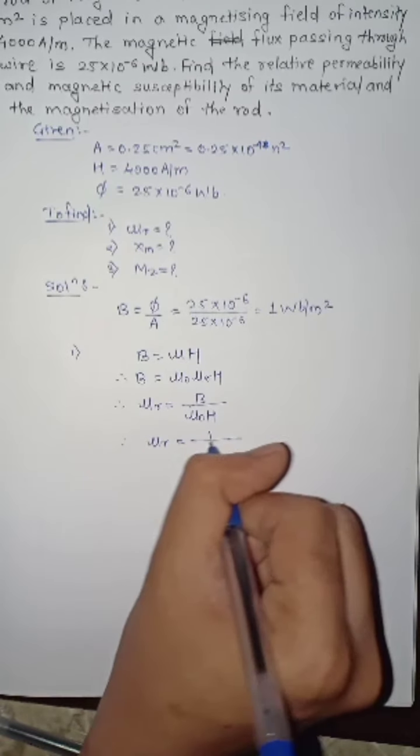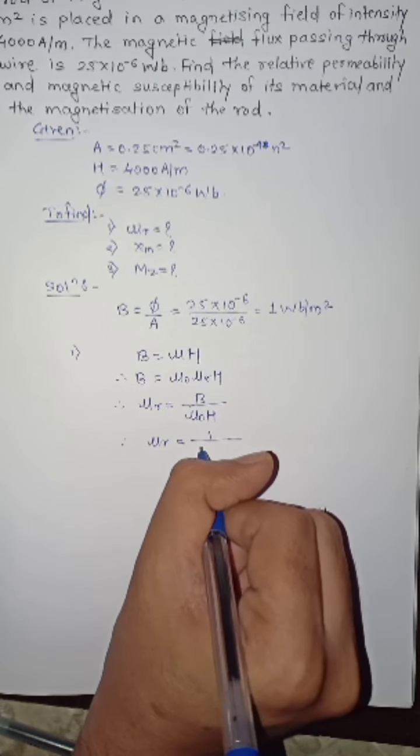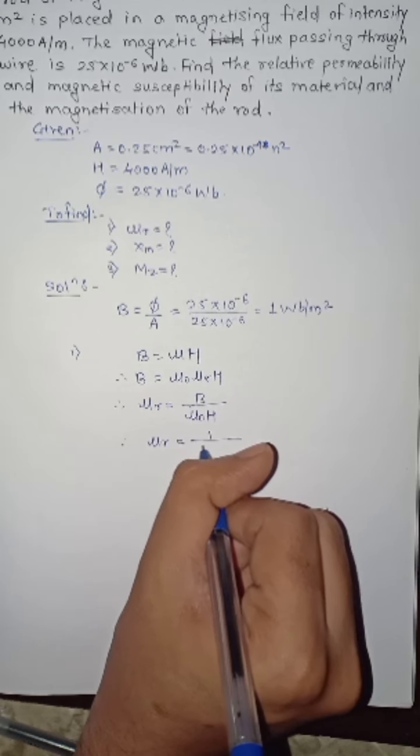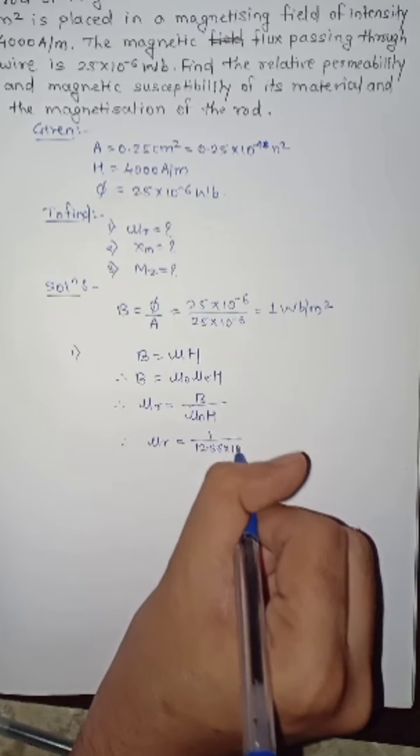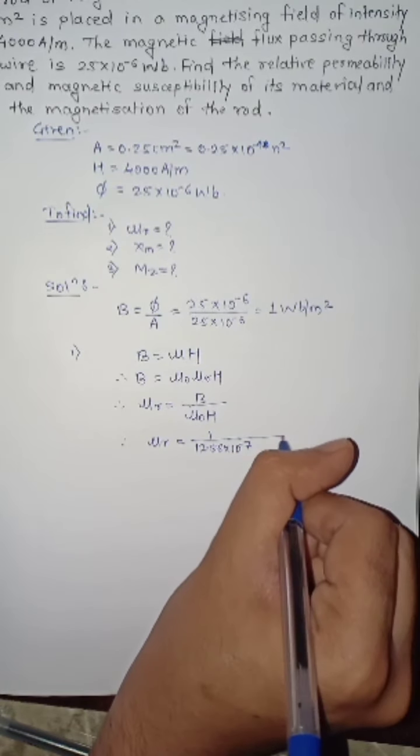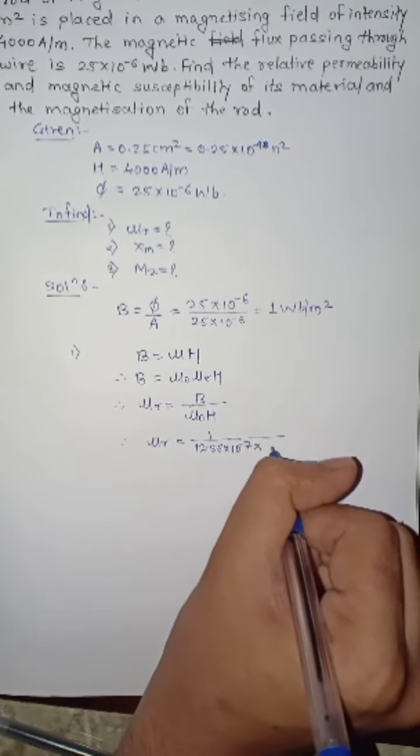B is 1, and what is mu 0? Mu 0 is 4 pi into 10 raised to minus 7, which is equal to 12.56 into 10 raised to minus 7. And what is H? H is 4000.